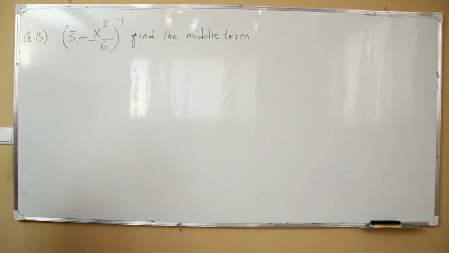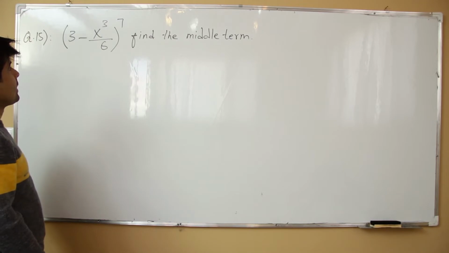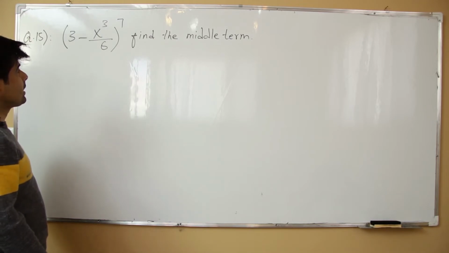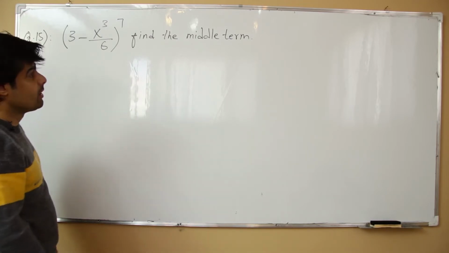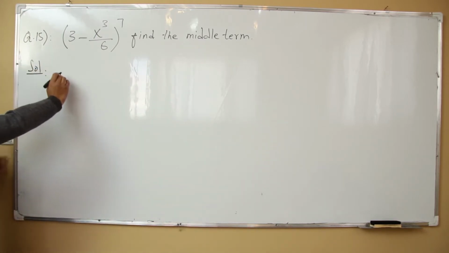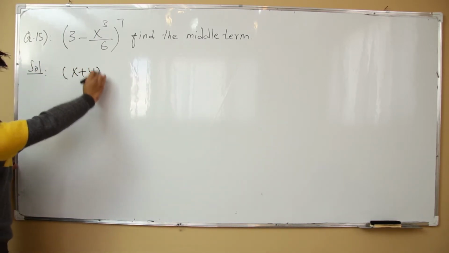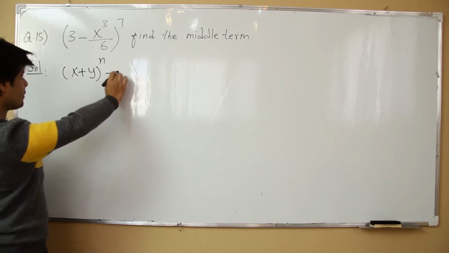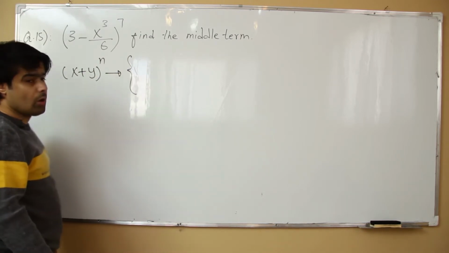Question number 15. (3 minus x cubed divided by 6) whole raised to the power 7. Find the middle term. Whenever you want to talk about the middle term in a binomial of (x plus y) raised to the power n, there are two options.